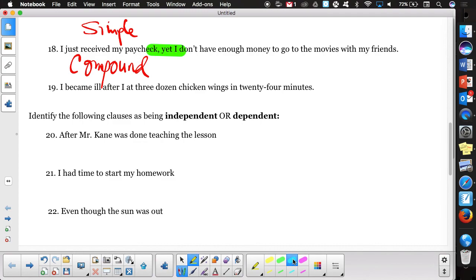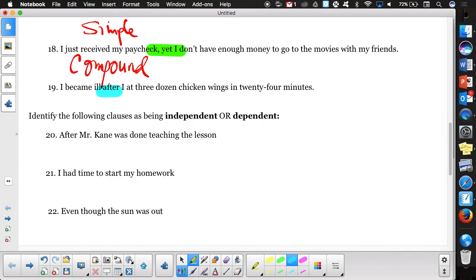Next thing, do I have a subordinate clause? In this case, you do, and I think it was one of the ones that we wrote up at the top. I have after. Now, since I have after, I want to look to see what comes after after. Do I have a subject and an action? It should say ate, not at, my mistake. I ate 3 dozen wings in 24 minutes.